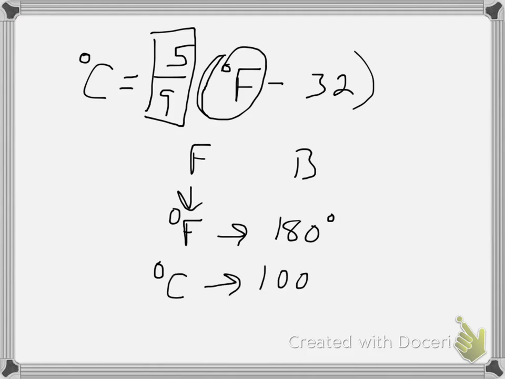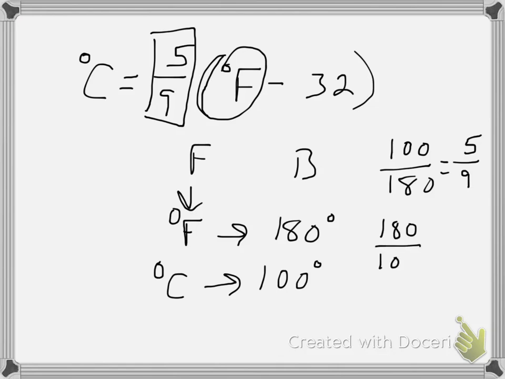So if I'm converting from Fahrenheit to Celsius, I need to take a factor of 100 over 180, and that boils down to 5/9. Whereas if I'm converting from Celsius back to Fahrenheit, I'm going to have a factor of 180 over 100, which will give me 9/5.